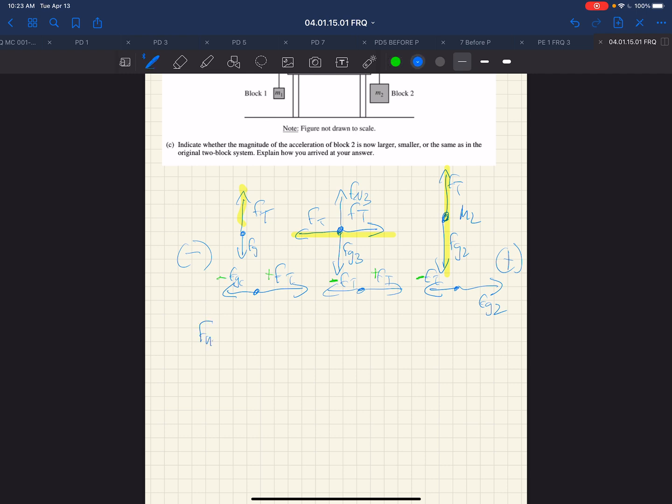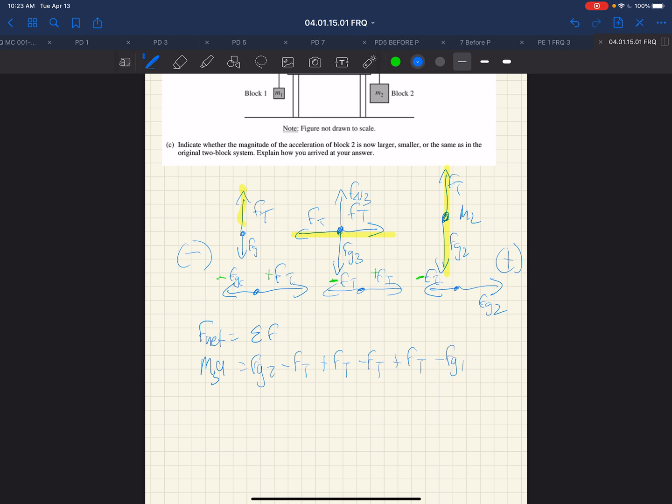So the net force is the sum of the forces, and the net force is MA, mass of the system times A. And the sum of the forces, then, starting from the right, is FG2 minus FT plus FT minus FT plus FT minus FG1.